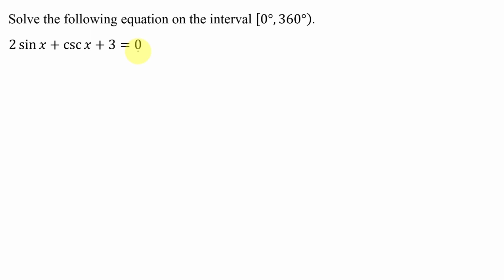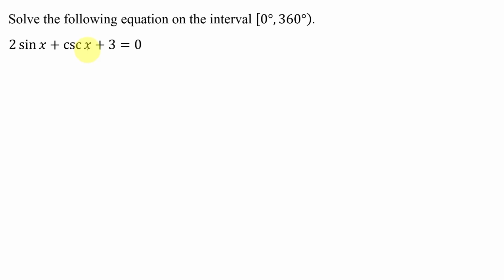It's a trigonometric equation, and it contains two different trig functions, the sine of x and the cosecant of x. Both of these are raised to the first power, so it's a linear trigonometric equation that involves two different trig functions.